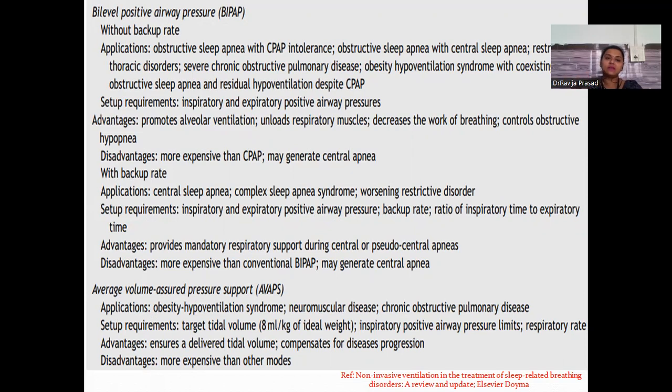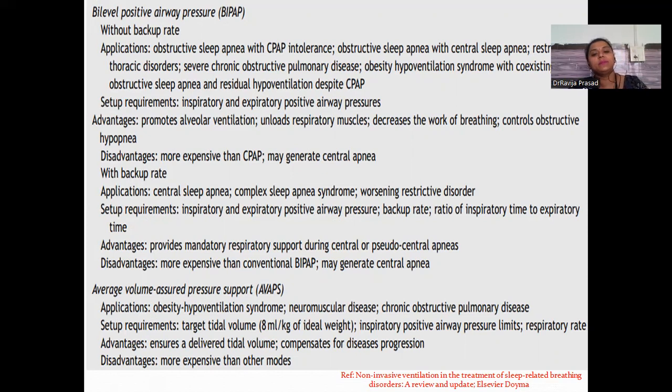Now, these are the conditions in which BiPAP is needed. The setup is inspiratory and expiratory positive airway pressure. Advantages, promotes alveolar ventilation, unloads respiratory muscles, decreases the work of breathing, controls obstructive hypopnea. Disadvantage, more expensive than CPAP, may generate central apnea.